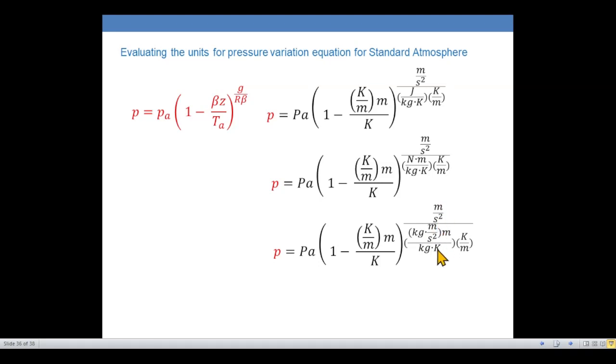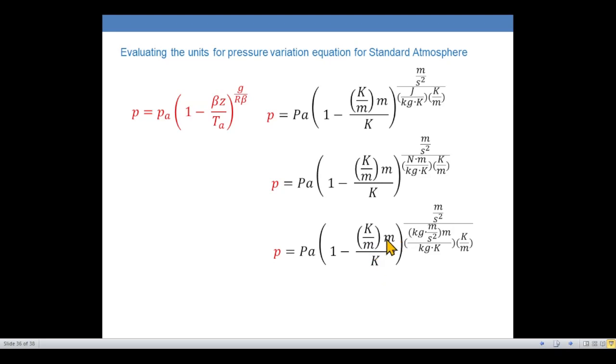And the meter can also be cancelled out. So all of the units that you can see here in the exponential part of the equation can be cancelled out. Now, in this term, the Kelvin can also be cancelled out, and the meter can be cancelled out.